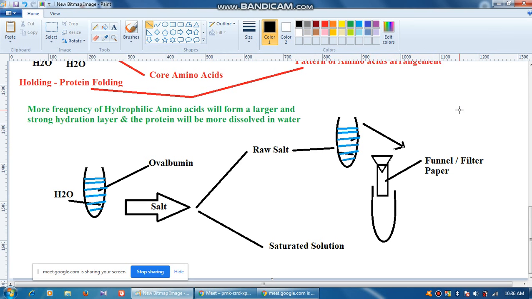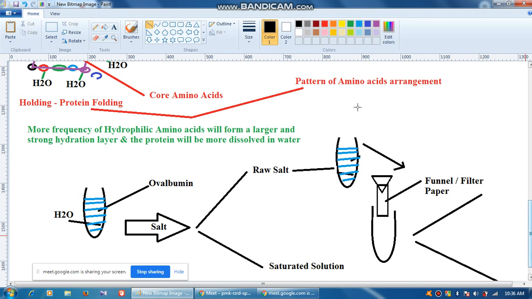So we had the raw ovalbumin solution. In the ovalbumin solution we added salt in two ways, raw salt and salt solution. When we added raw salt, we saw that precipitates were generated. So here also there are two options.